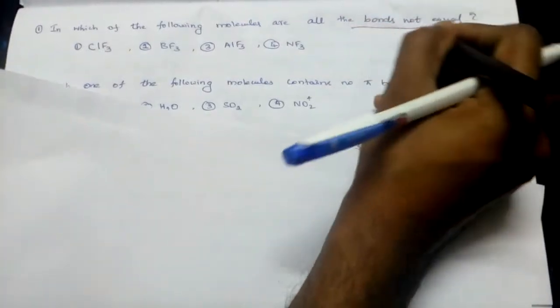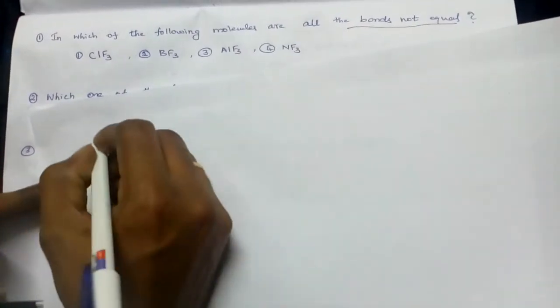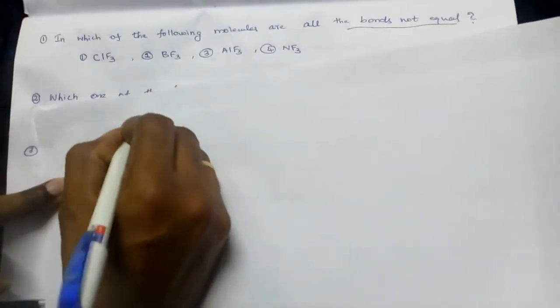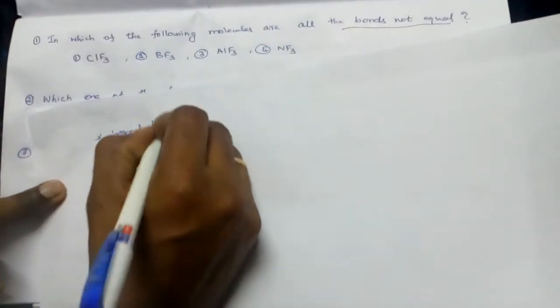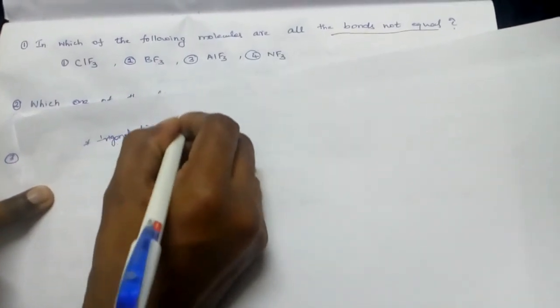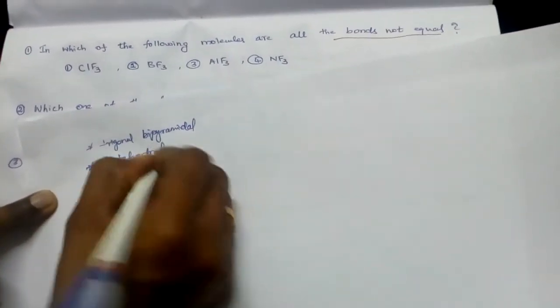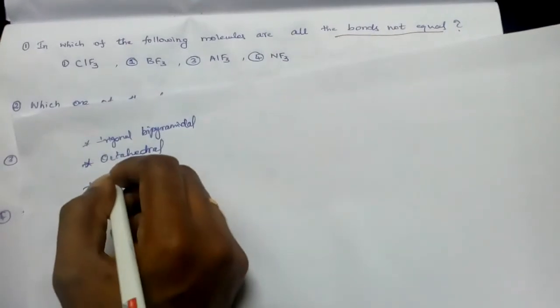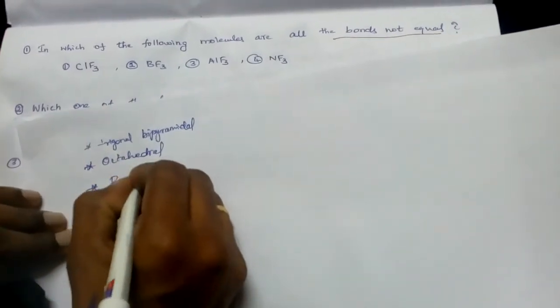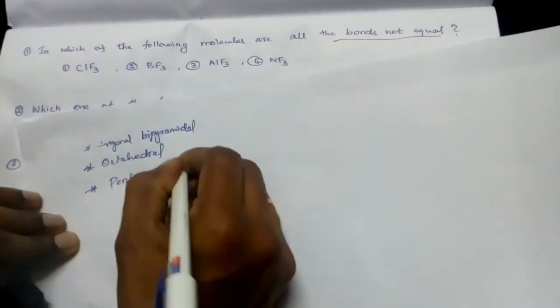Which of the following molecules have all bonds not equal? They ask only for molecules where the bonds are not equal. In my previous video, I explained the molecules which have trigonal bipyramidal, octahedral, and pentagonal bipyramidal geometry.